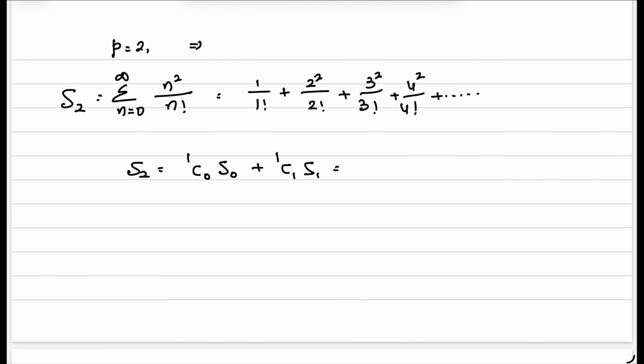From permutations and combinations and the binomial theorem. If you see the permutations and combinations, from that we got this value. Now what is 1C0?